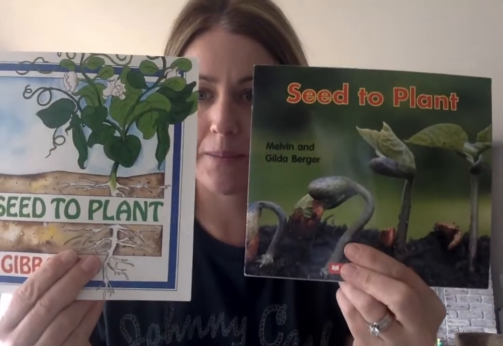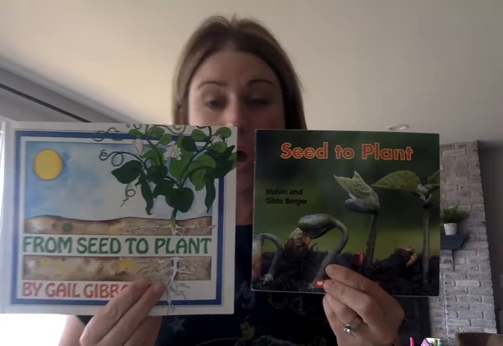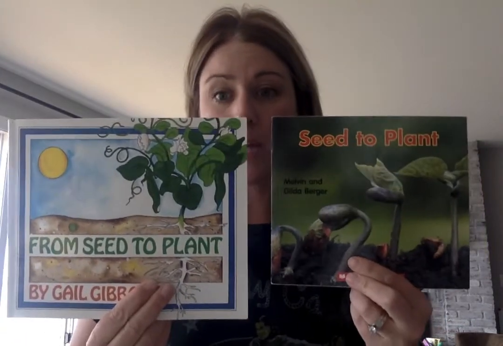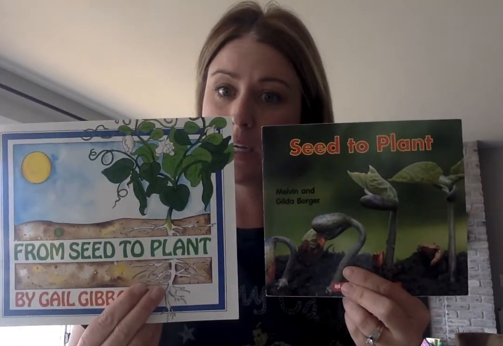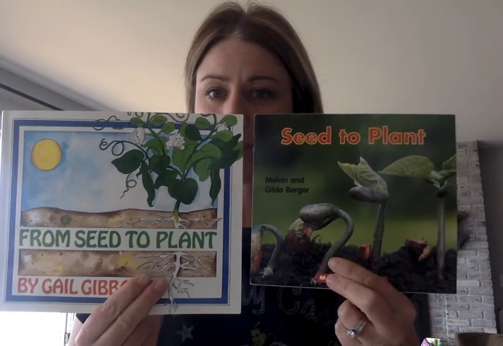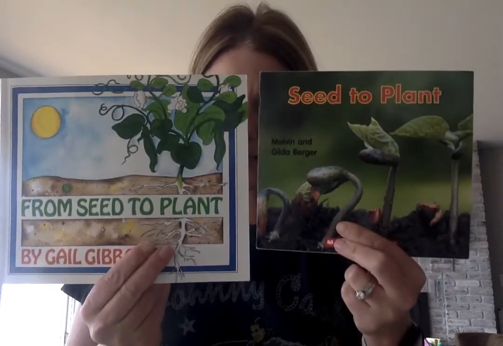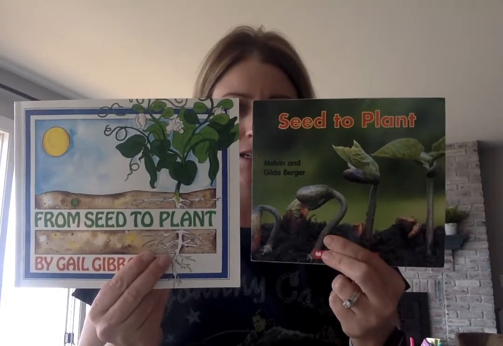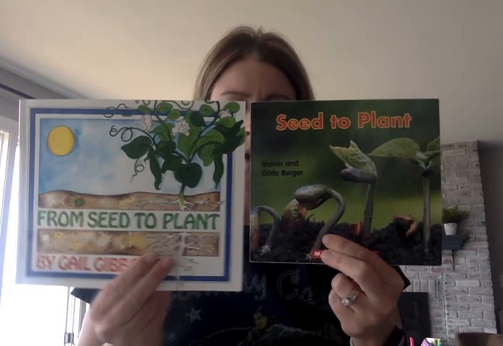So I'm actually going to put this one down, and we're just going to focus on these two books. And you know they both are on the topic of seeds turning into plants. So that's something that's the same. Do you notice anything that's the same or different? What we're doing right now is called comparing.